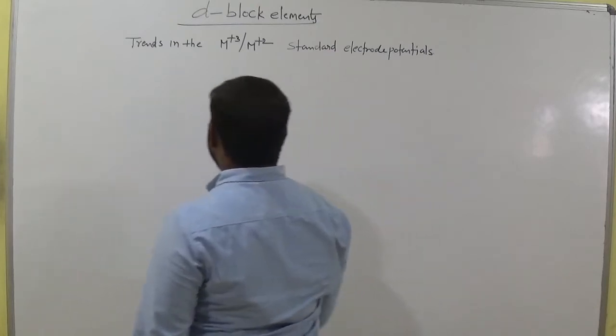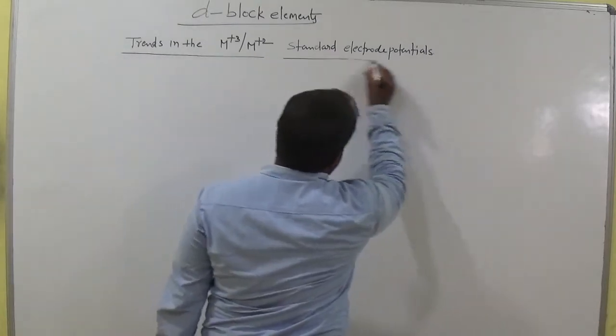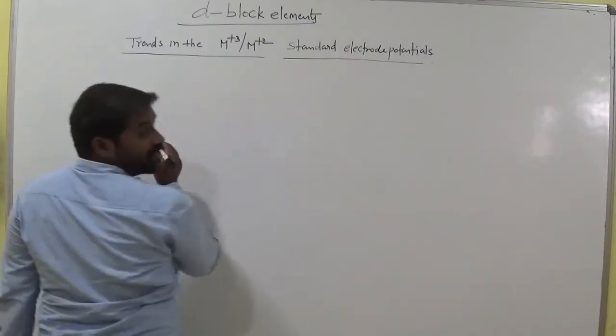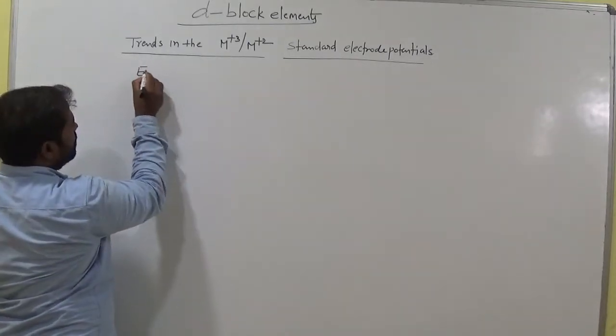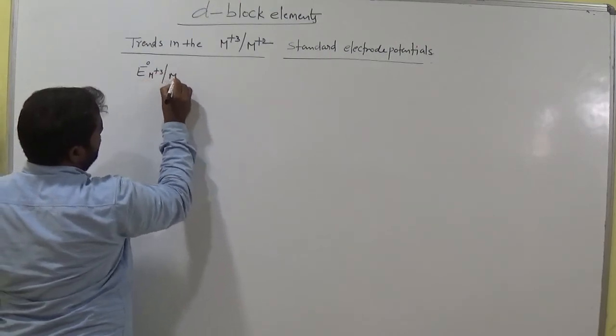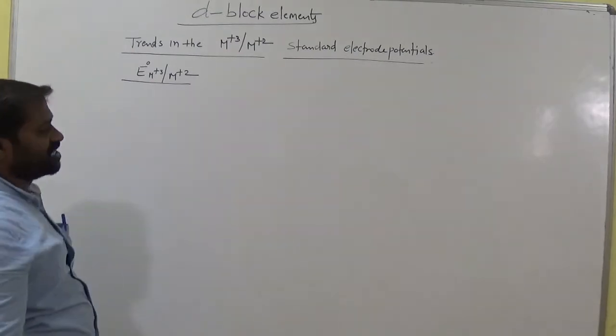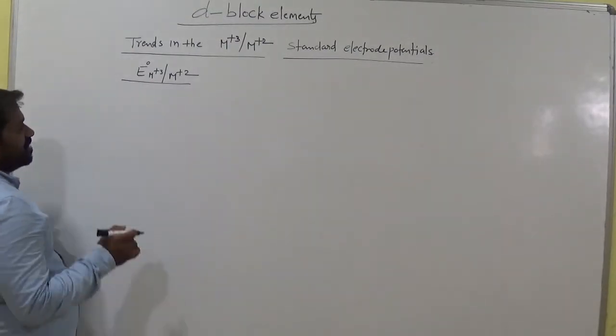Earlier we discussed standard electrode potential. We can simply denote this as E° M+3/M+2 standard electrode potential. Okay, so let's see.